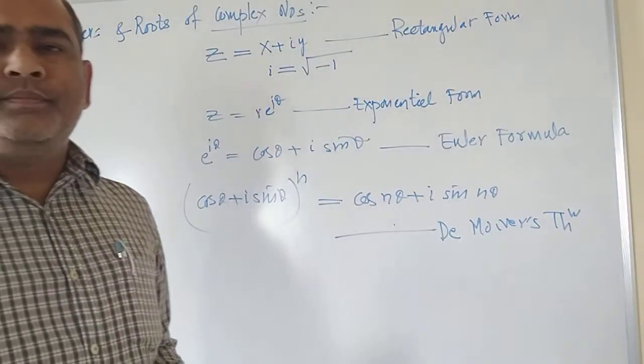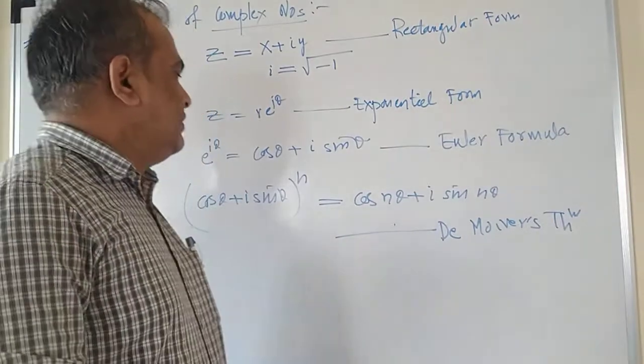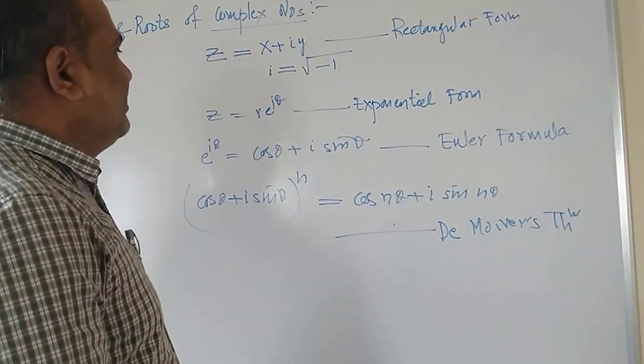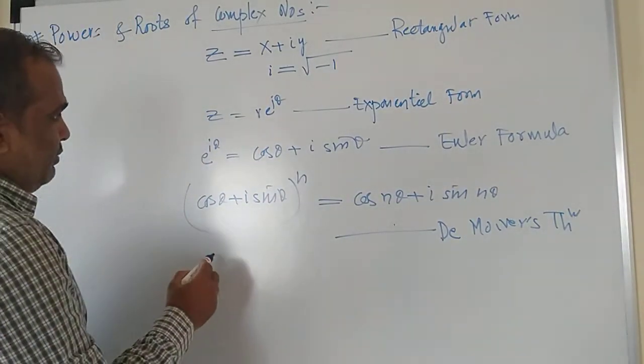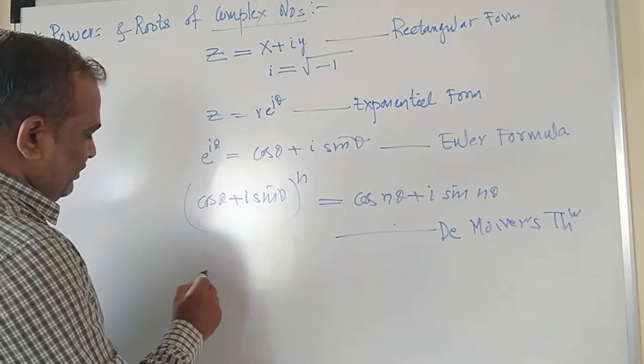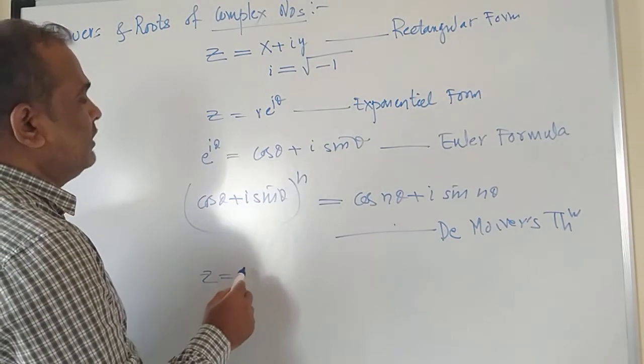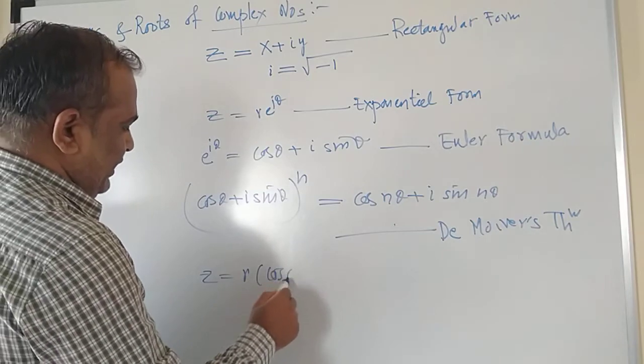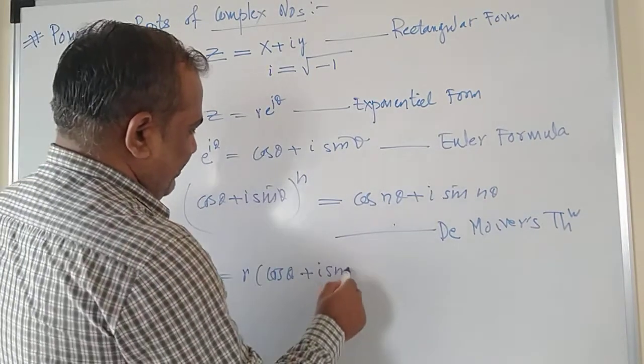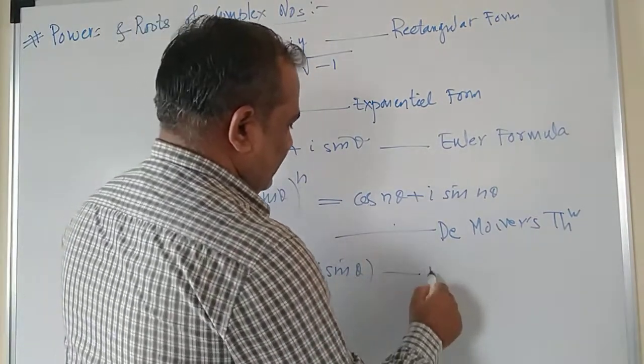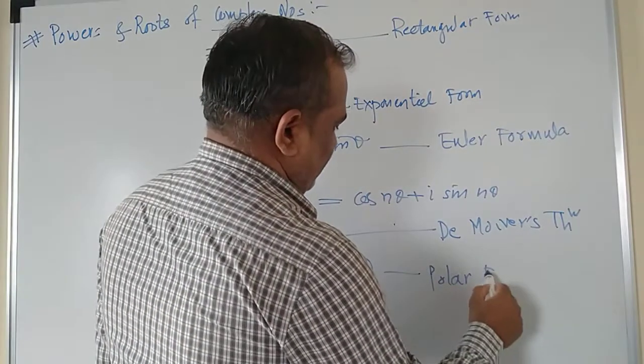What is the polar form of a complex number? Z is equal to r into (cos theta plus i sin theta). This is the polar form of a complex number, right?